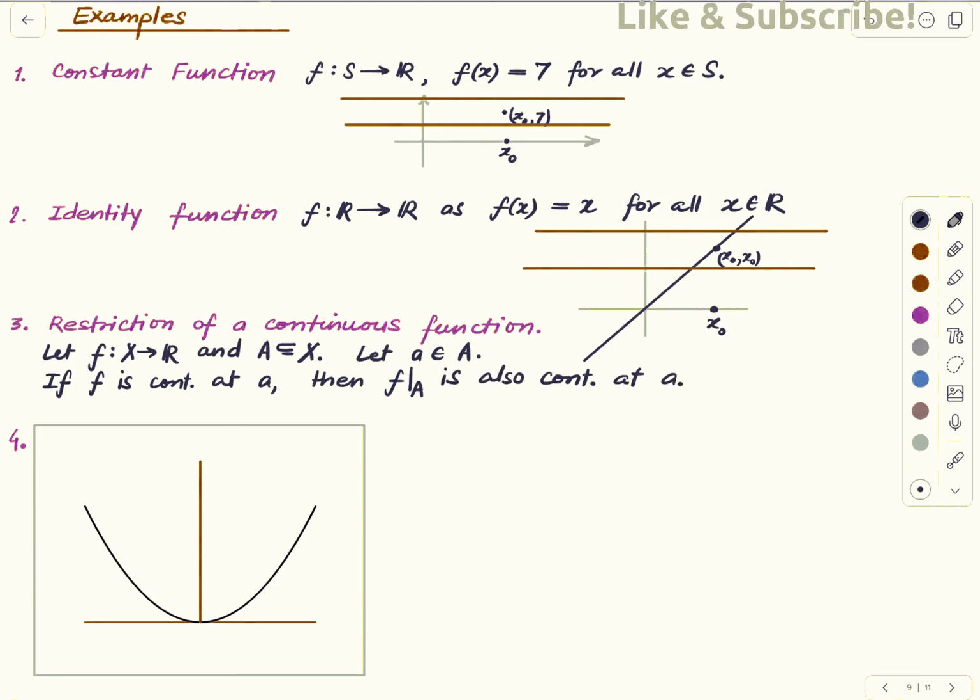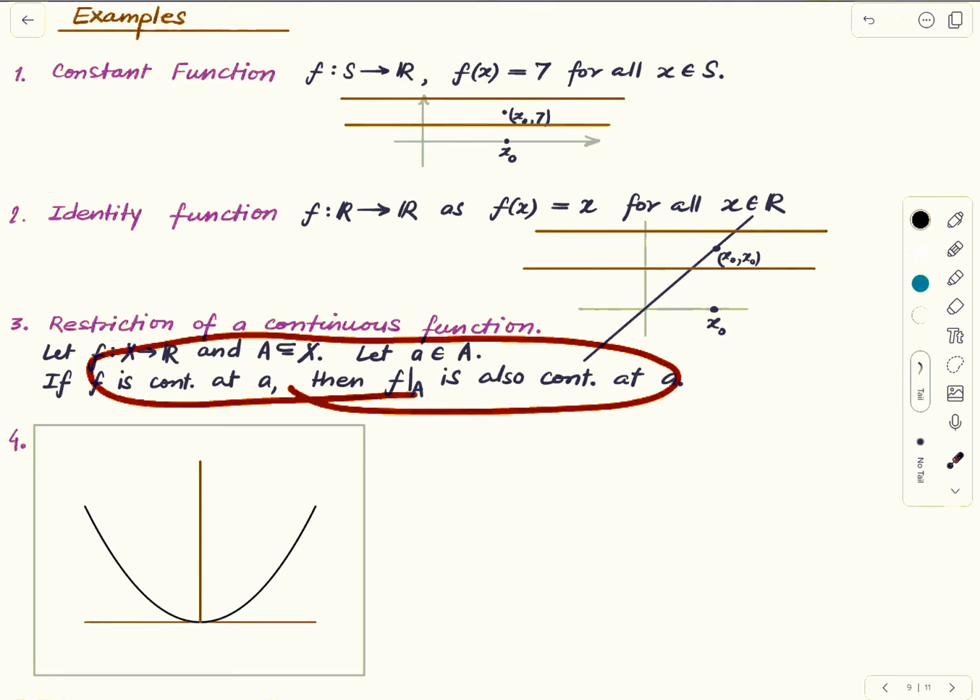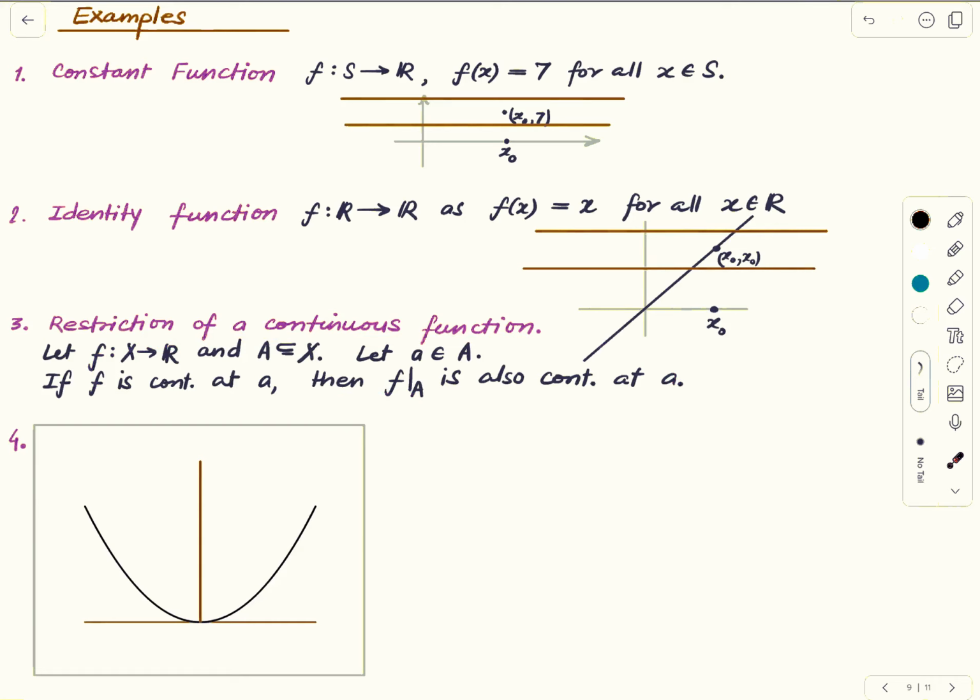This is a very simple fact, easy to prove, but you should prove it formally. This will help you digest the definition of a continuous function better. When we say f is continuous, we are talking about X as the domain. But when we say the restriction is continuous, we are talking about A as the domain.